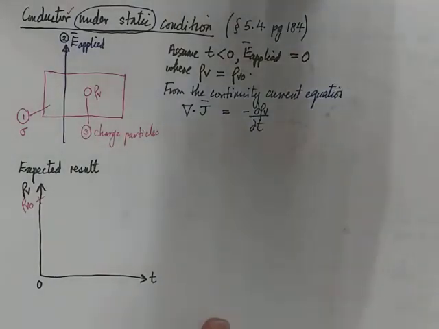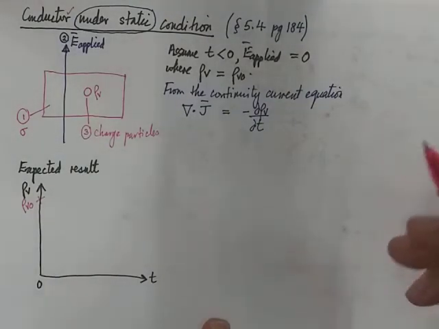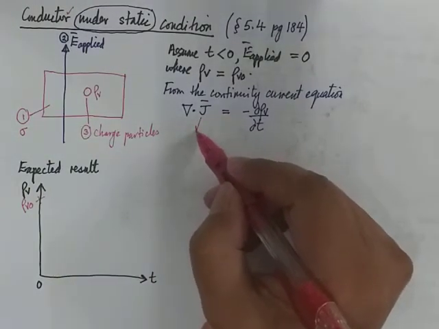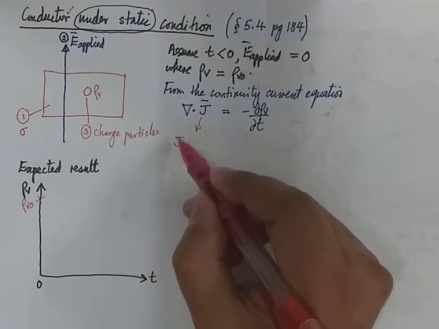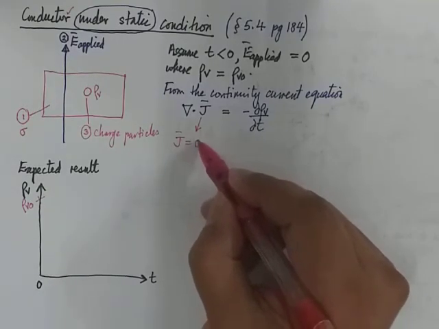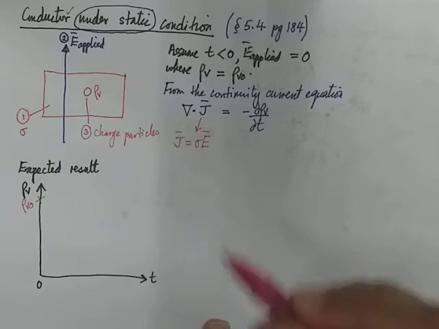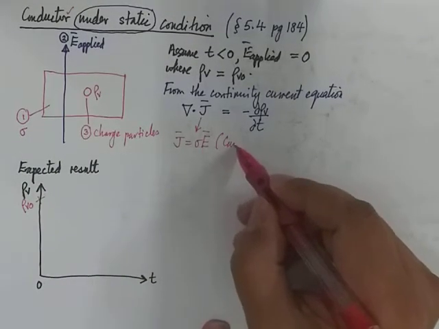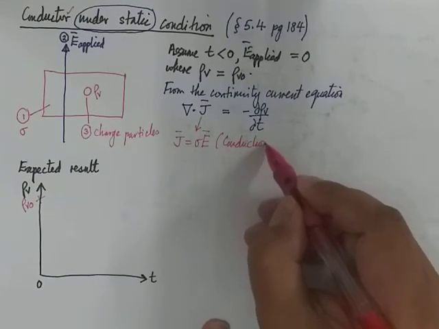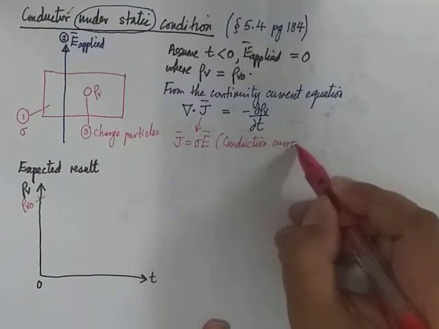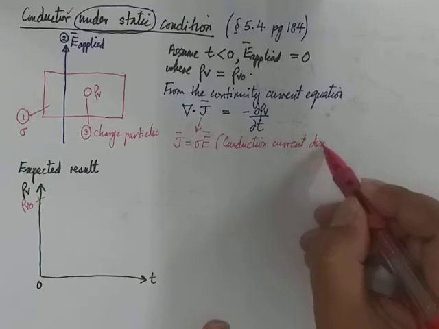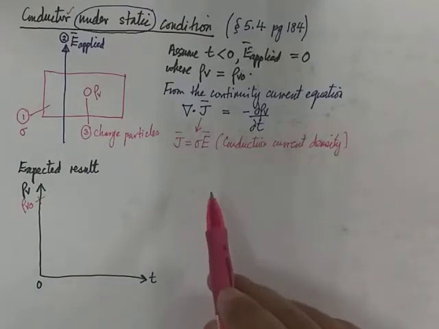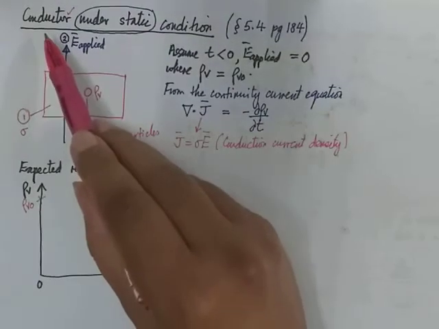Okay, we've been informed when we talk about conductor, J is equal to sigma E. Remember that equation? We call this equation the conduction current density. So why can I use this equation in my discussion? Because what medium are we dealing with now in our discussion? Yes, good conductor.